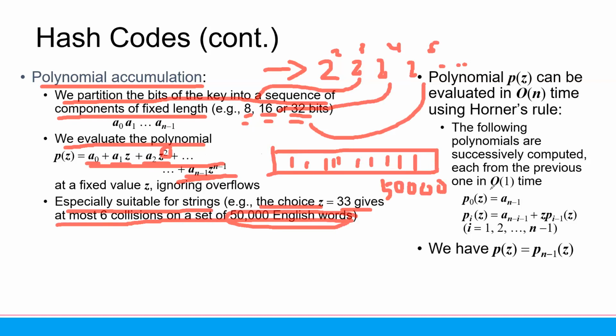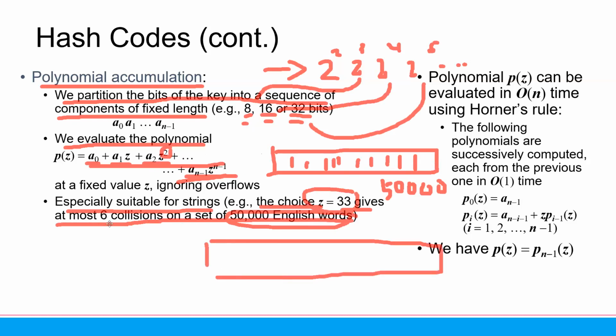So we can reduce it with this kind of polynomial accumulation. This means that we can make z equal to 33. So we can reduce it to about size 33, and then every address can have about 6 collisions. We will learn what is meant by collisions.